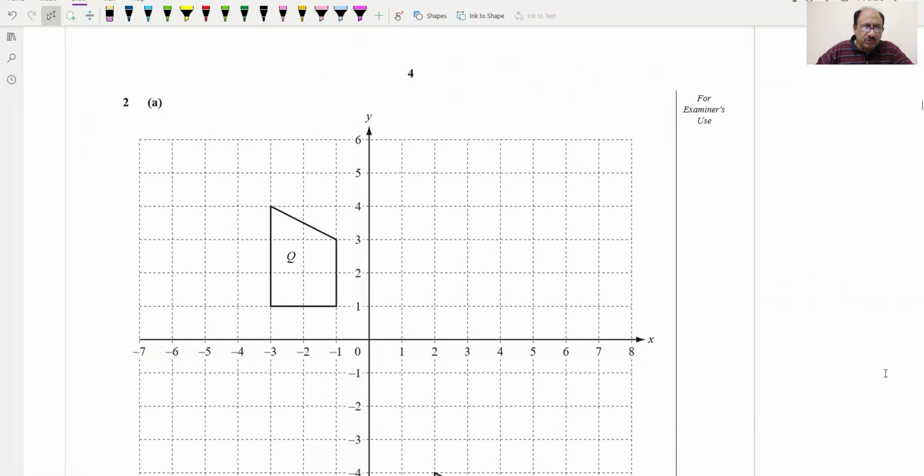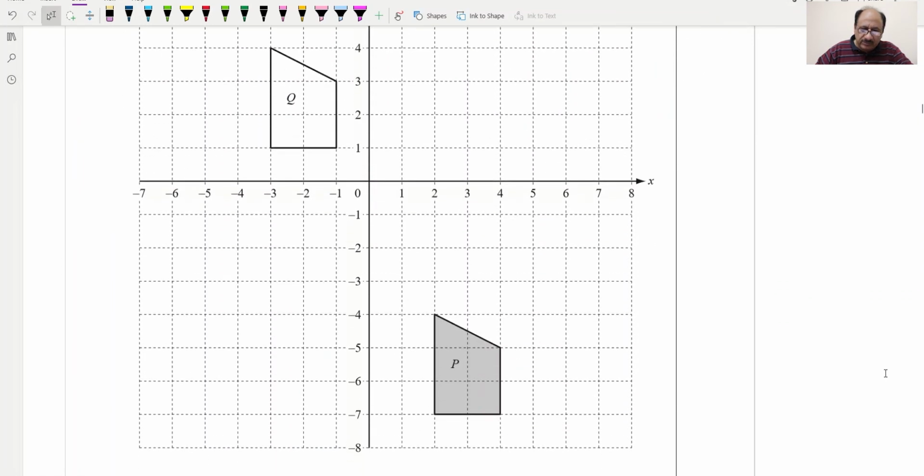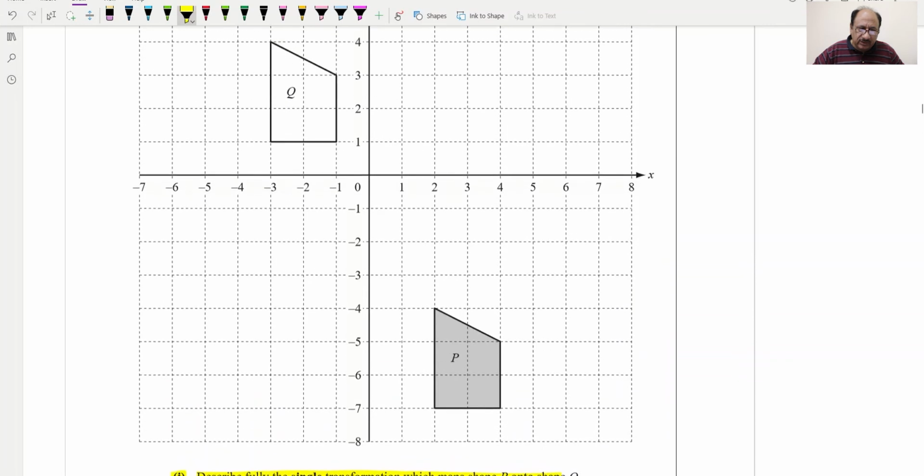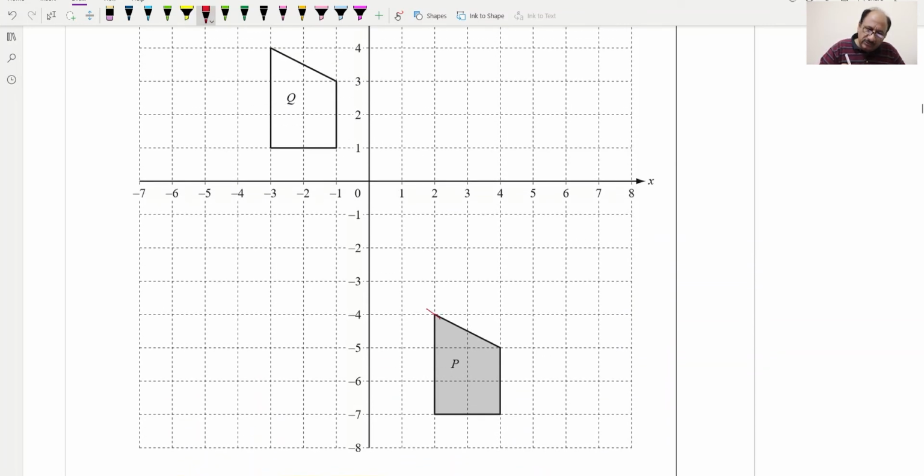Now we can move to question number 2. This is the grid provided, with diagrams P and Q. The first part says describe the single transformation which maps shape P onto Q. If we check this point, it is moving 1, 2, 3, 4, 5 units left, so -5, and then 1, 2, 3, 4, 5, 6, 7 and 8 units up, so +8.